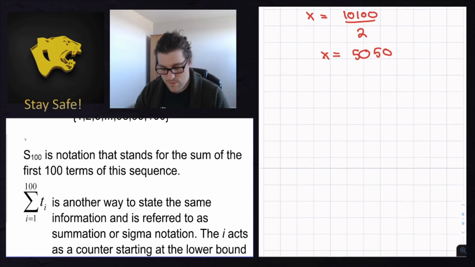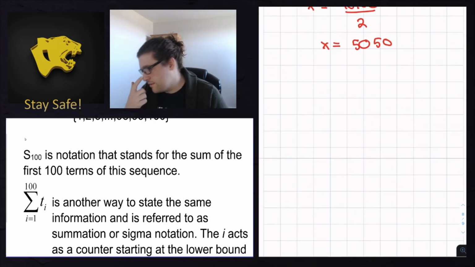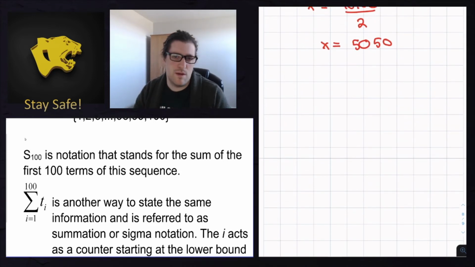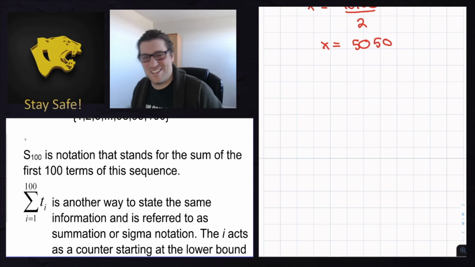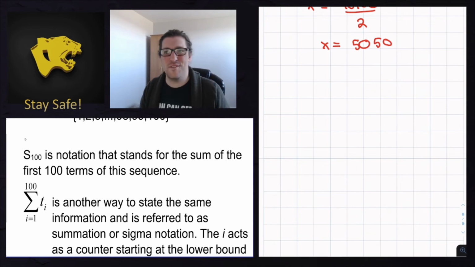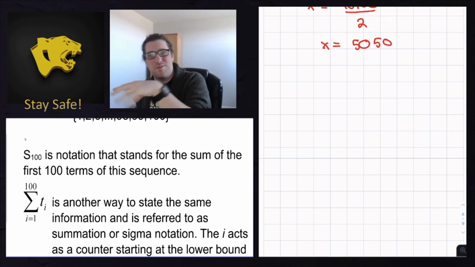One of the ways that you can tell a calculator to do something quickly is if sometimes your calculator might allow you to do sigma notation. So sigma notation is this idea that we have a way to represent repeated addition. Now you might say, I know repeated addition, that's just multiplication. Yes, kind of, which is why the common difference is n minus 1 times the common difference.